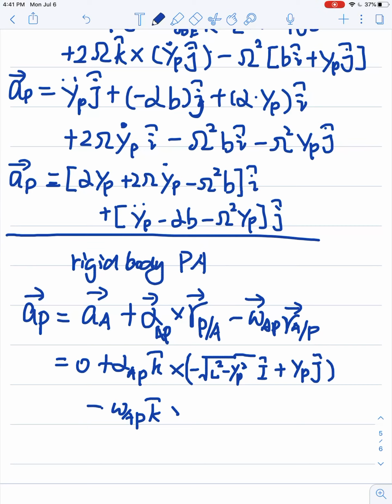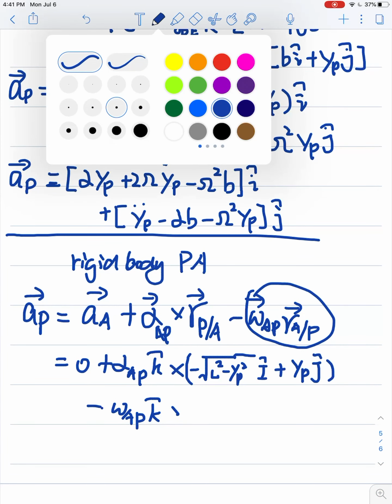Excuse me, I think I made a mistake here. So this is not the correct equation.